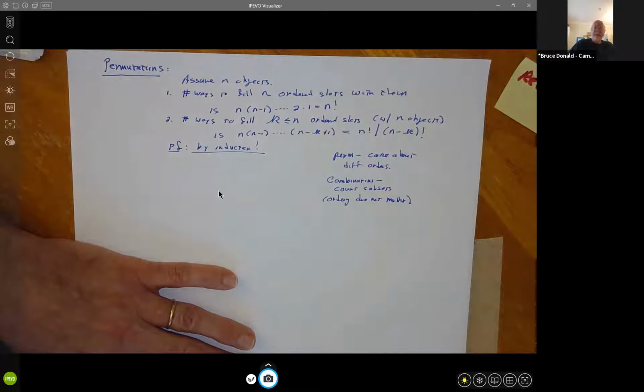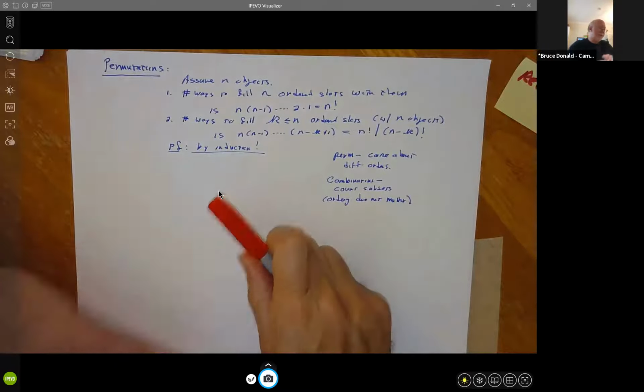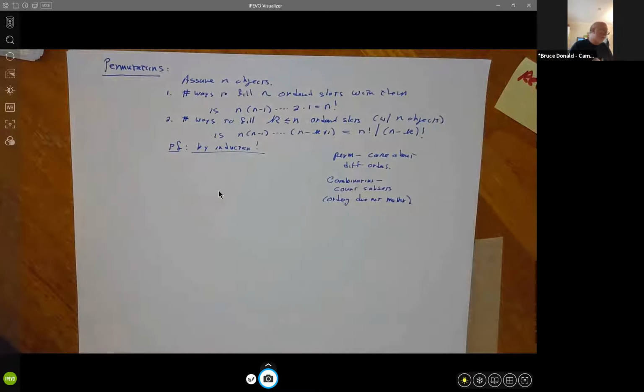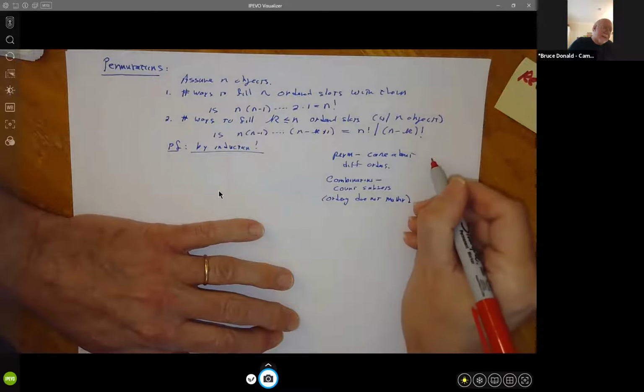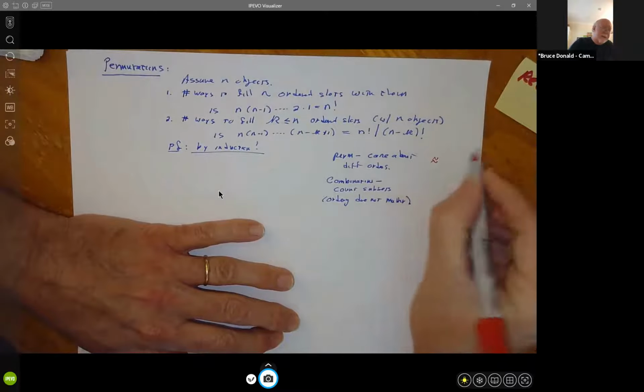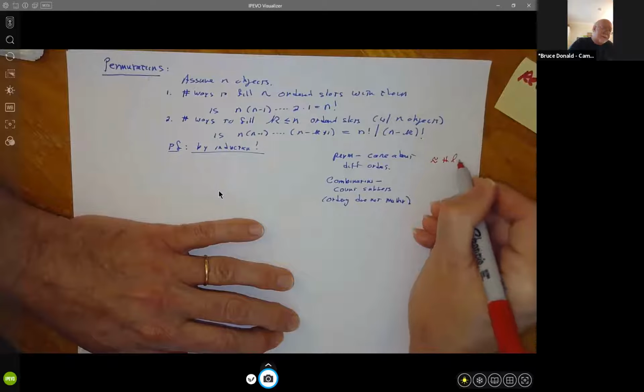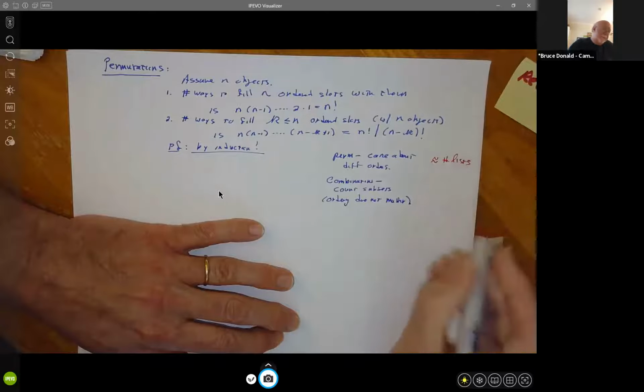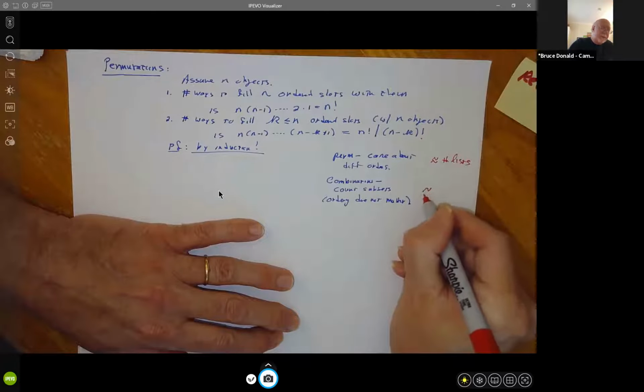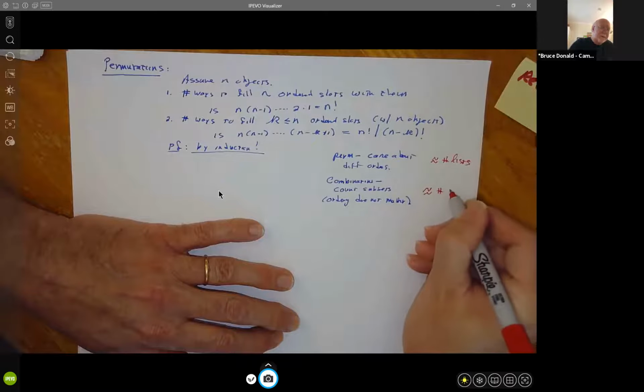So roughly speaking, in the context of something like Scheme, we could think of permutations as approximately like counting the number of lists, because lists care about order. And combinations as being approximately like counting the number of sets or subsets.